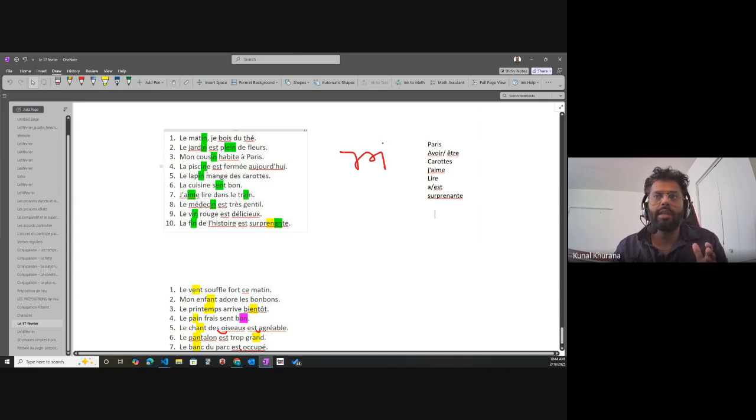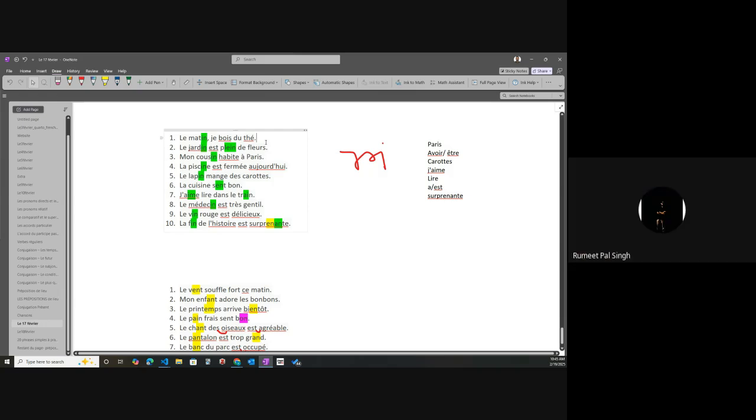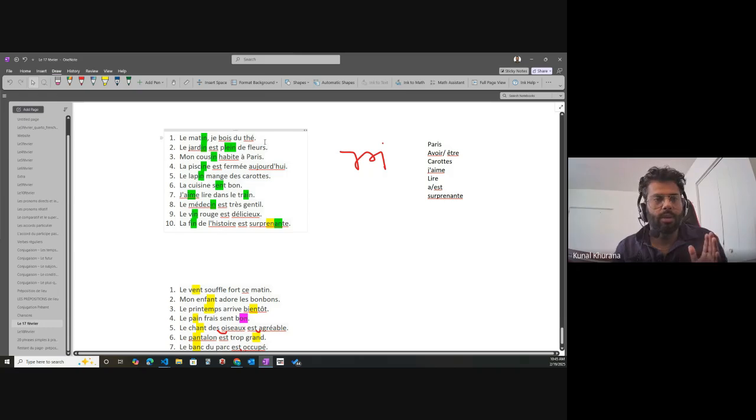What it means and how it's formed and everything. Then we'll come to pronunciation. Should I write it in English? Are you guys okay?